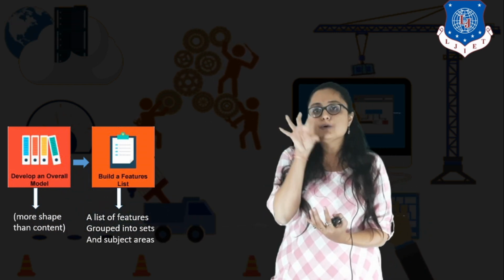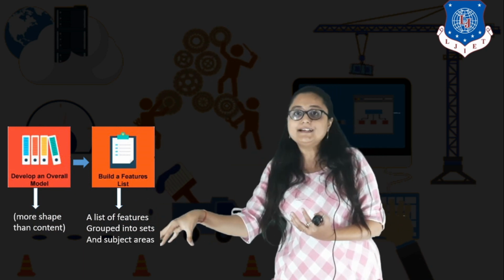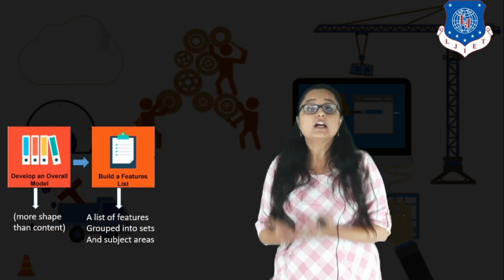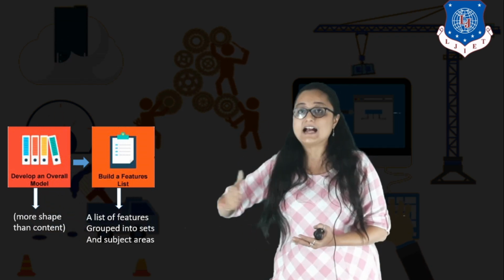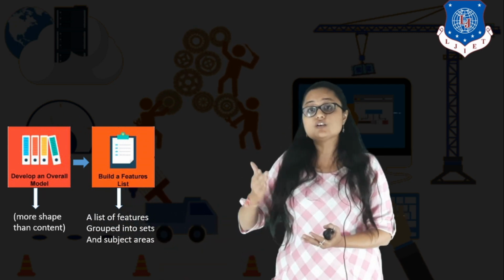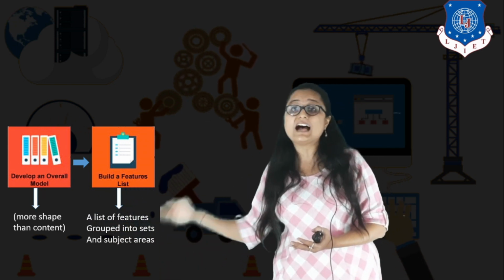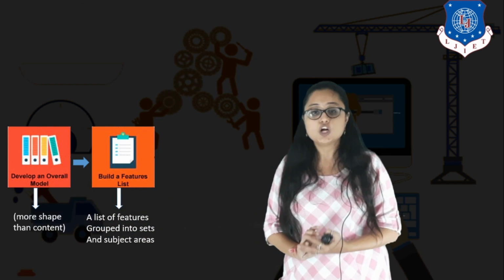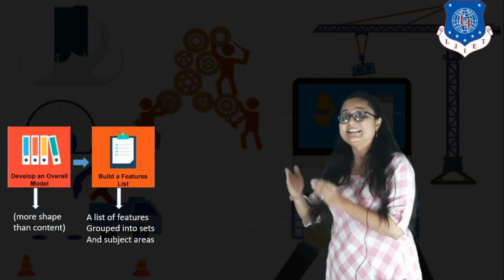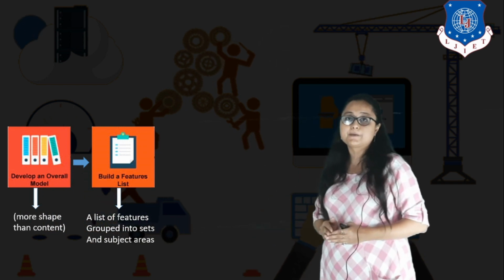For a particular domain, what is the subject area that we are going to target? It consists of all the business activities, all the business processes, and all the business constraints of that particular domain area, right? So we are developing a list of features according to the subject area of that particular project.